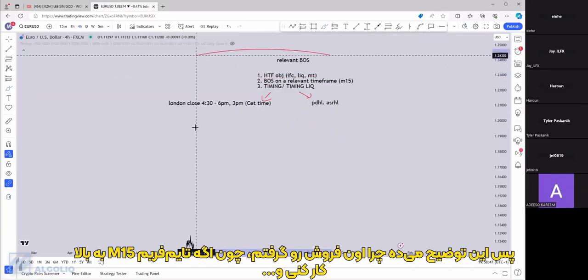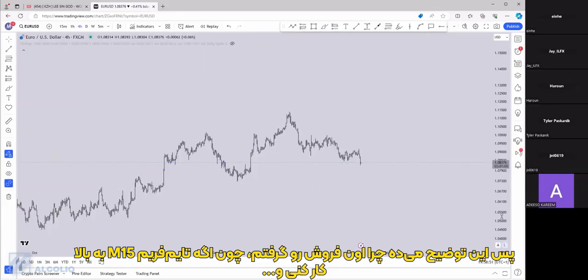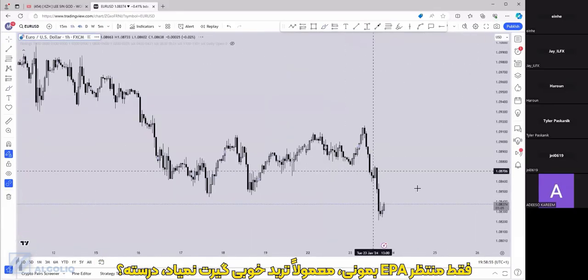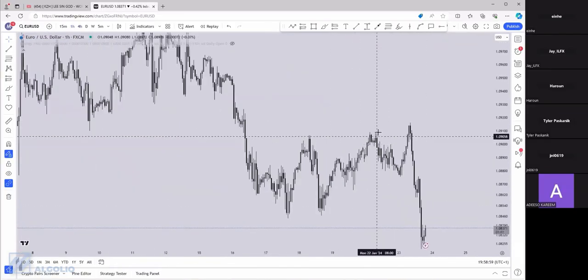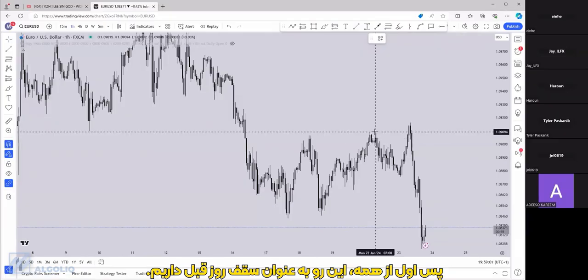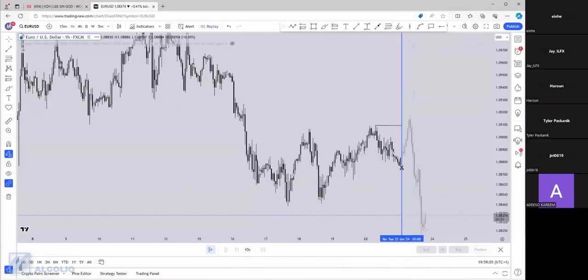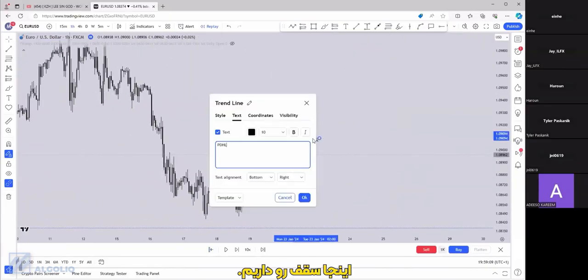So that would explain the sell today that I took, because if you trade M15 plus and you wait for EPA only, then there's not a really good trade, right? So first of all, we have this as previous day high. Yeah, let's play this. Previous day high.